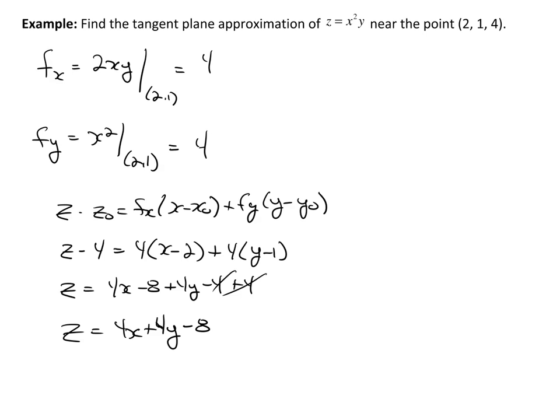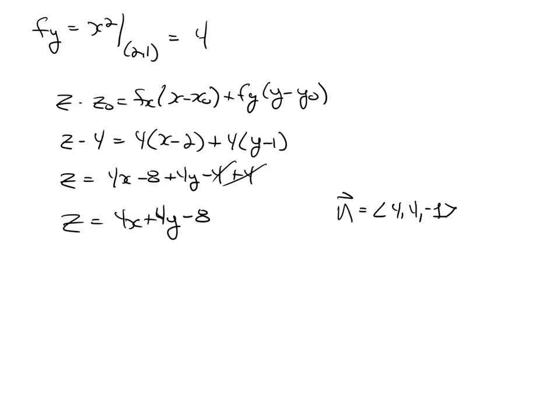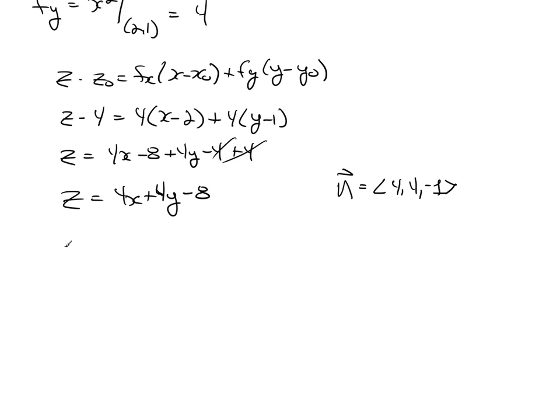Now, in terms of doing this with vectors, I know that my normal vector will be (4, 4, negative 1). So what I need is (4, 4, negative 1) dot (x minus 2, y minus 1, z minus 4). And of course, that has to be equal to 0.